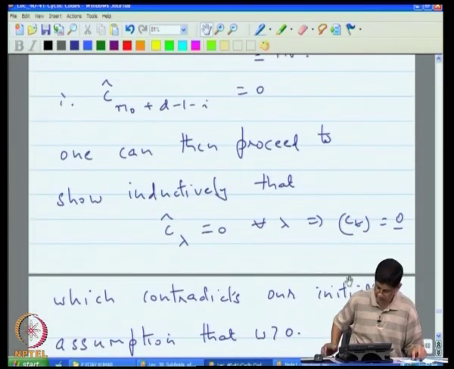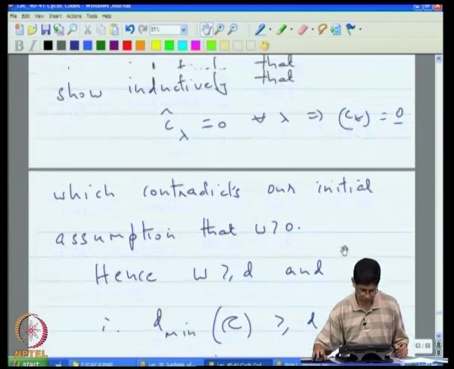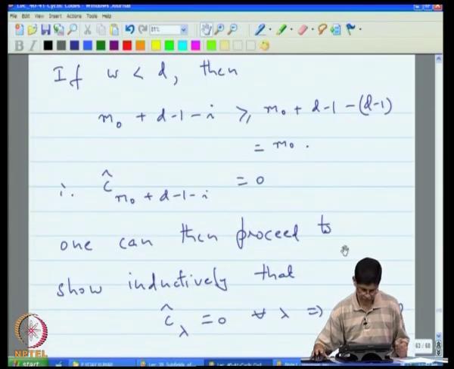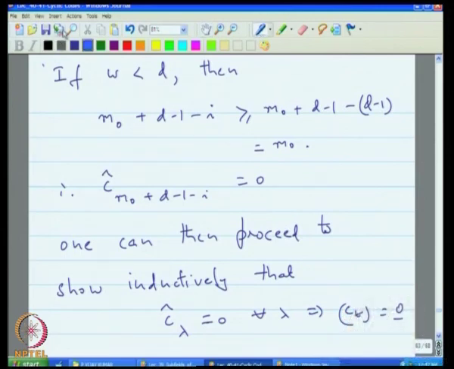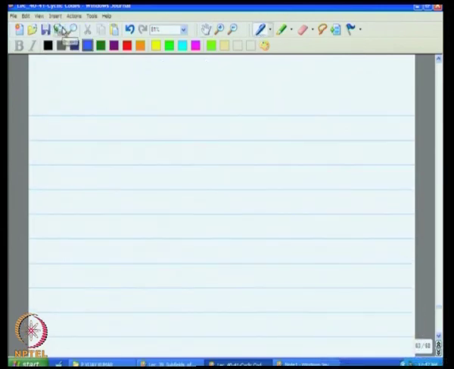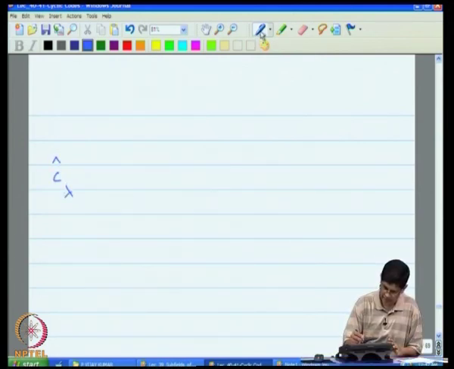Well, all that I am doing here, maybe I can actually at this stage draw a picture before continuing with the proof. Okay. So, let me insert a page here. So, the picture is like this. Let us look at your transform C hat of lambda, and let us say that these are your indices.